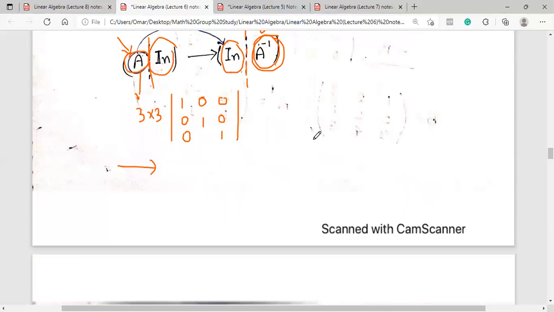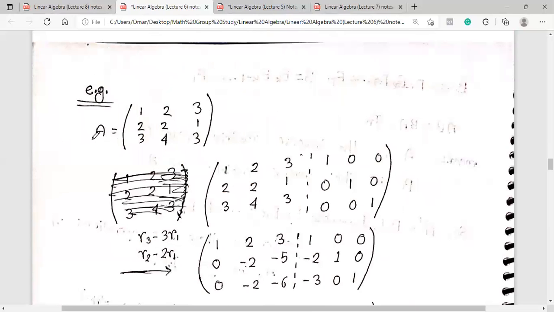Okay, so let me show you an example here. So this is a matrix A, a 3 by 3 matrix, given in the question. Now we have to draw a line this way, and write down the corresponding 3 by 3 identity matrix on the right side.